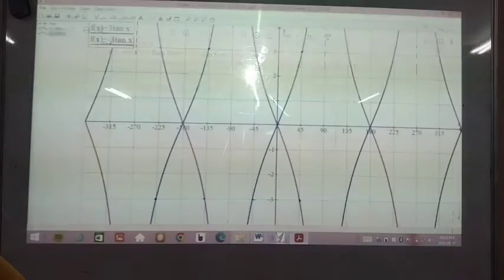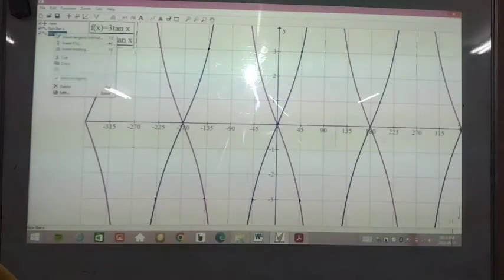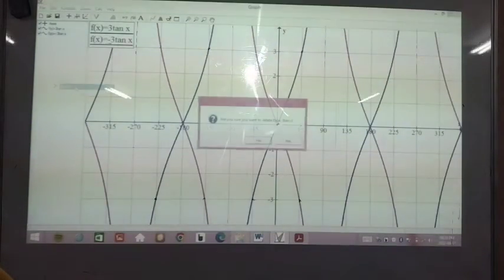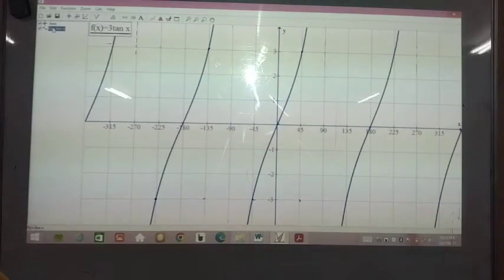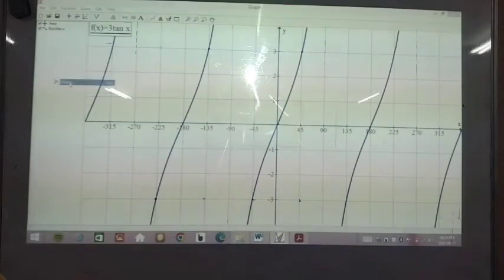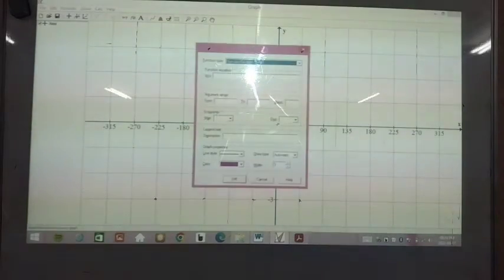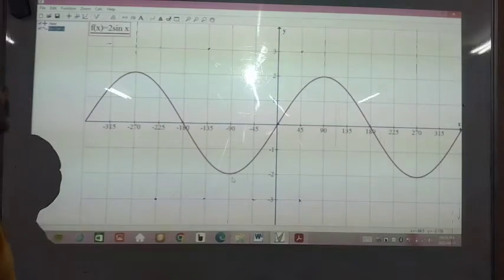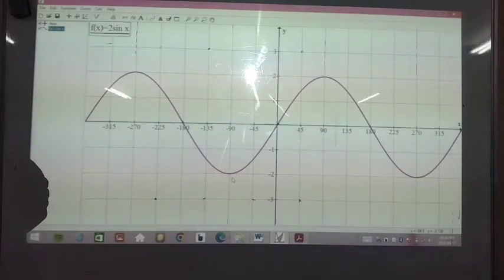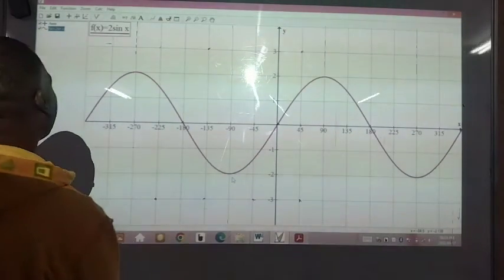So if we take the graph of 2 sin x to start with, the graph of 2 sine x, and then we introduce q.